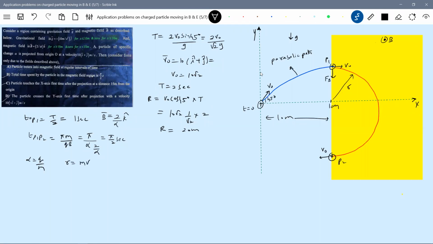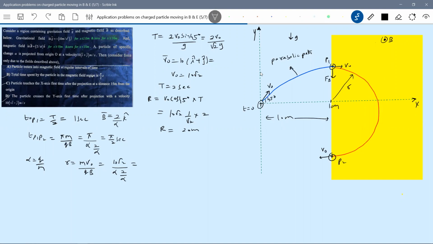Radius r equals m v0 by q b. The v0 value is 10 root 2, alpha, and this is 2 alpha. Okay, this alpha gets cancelled, so this will become 10 by root 2 meters.